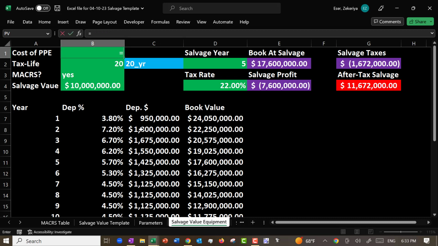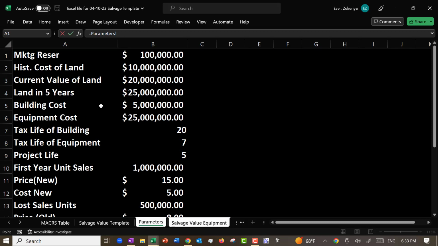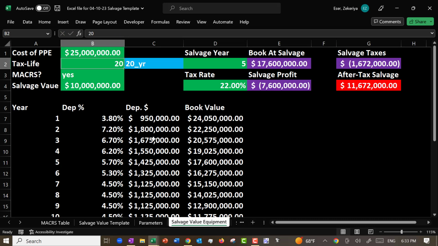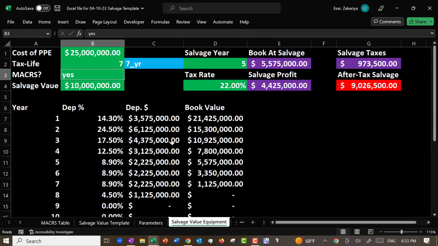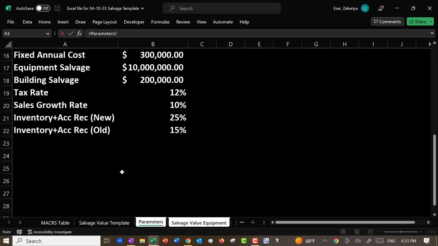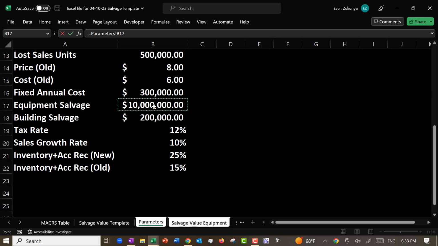Okay. Tax life of the equipment. Is it makers? Yes. Salvage value, pre-tax. Salvage year, project life.